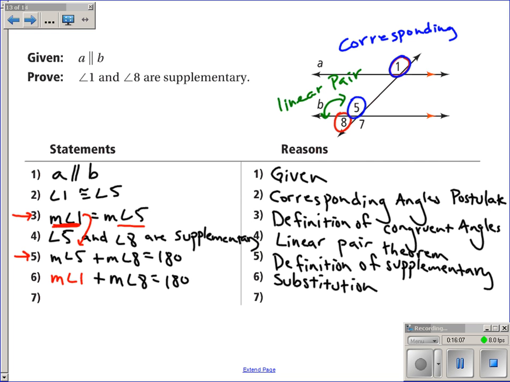Now if you look at statement 6, that's exactly what this is, and so I can say that angle 1 and angle 8 are supplementary. The reason is again the definition of supplementary.